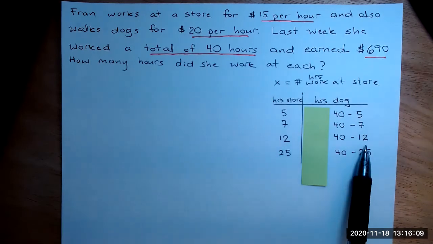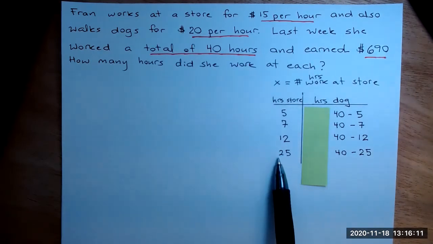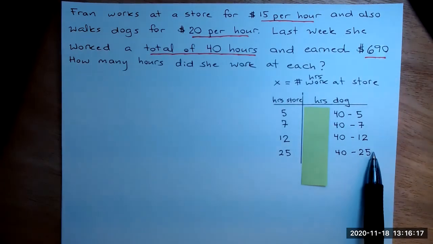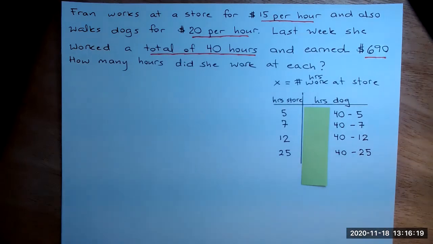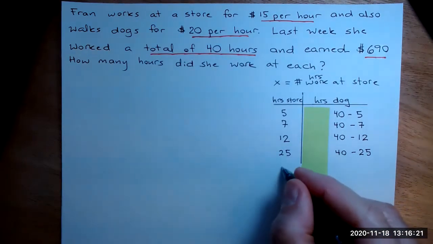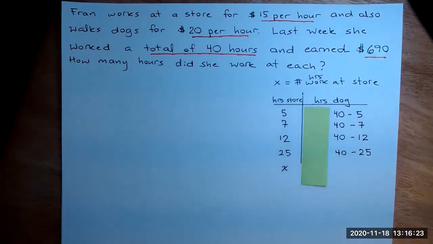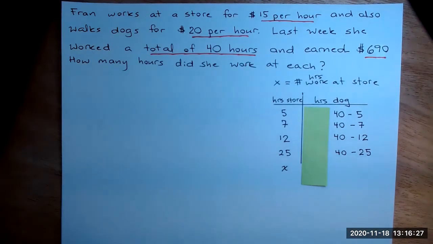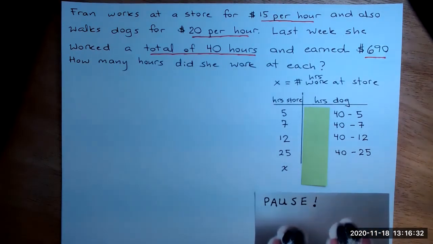Do you see a pattern? If we know the number of hours at the store, in order to find the number of hours walking dogs, we just subtract it from 40. So if the number of hours working at the store is X, what would this be? And I would hit pause and take a moment.